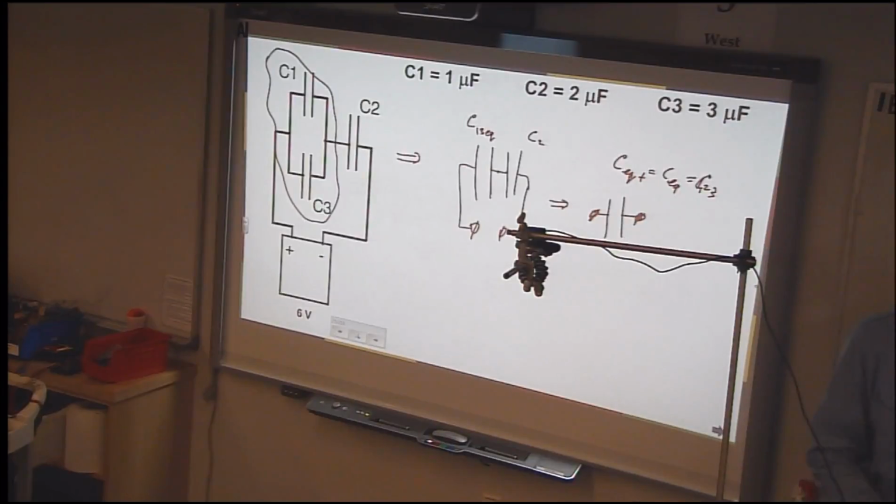And now we know what to do, because for every transition, we have an equation we can use. For example, C1, 3 equivalent should be equal to what? Parallel means more area, means increasing, means adding: C1 plus C3, which is, in this particular case, 4 microfarads.